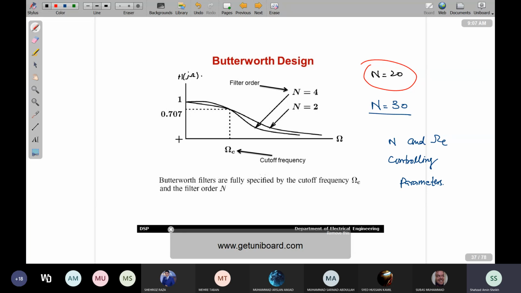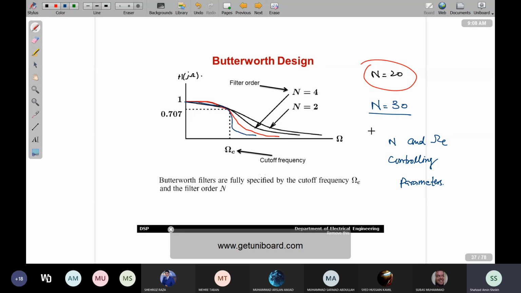Okay, so as you increase n, this roll off increase करता जाता है, यानी जैसे जैसे order of the filter बढ़ता चला जाएगा आपका filter response जो है वो ज्यादा sharp होता चला जाएगा. यानी अगर मेरा n 20 है तो उस केस में मेरा जो filter response है वो ये हो सकता है. अगर मेरा n 30 है तो मेरा filter response जो है that can be.